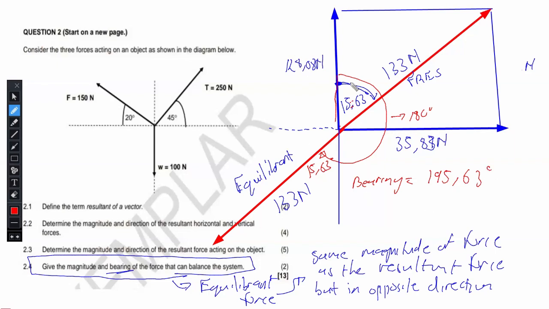That means our solution for 2.4 is supposed to be what? The equilibriant force is supposed to be 133 Newton at a bearing of 195.63 degrees. And that's how you were supposed to have it. Awesome. So that's how you were supposed to tackle that question, all for a total mark of 13.